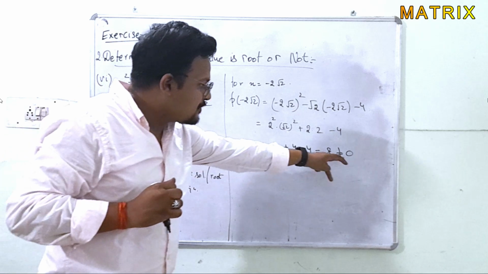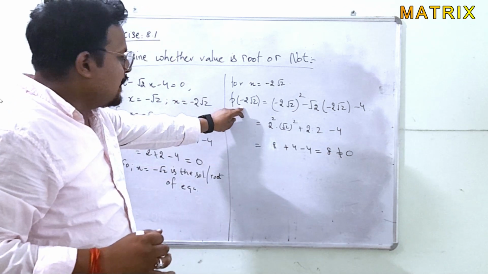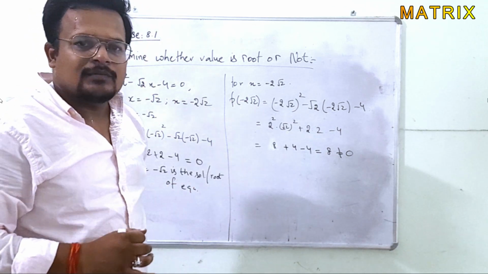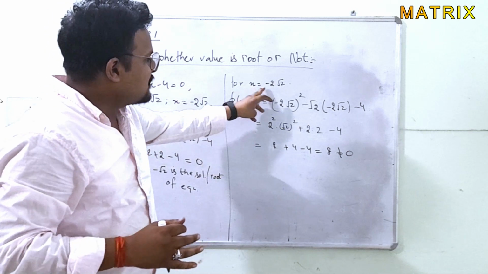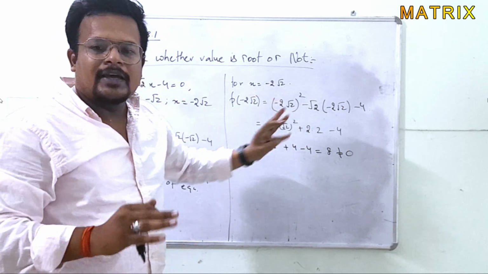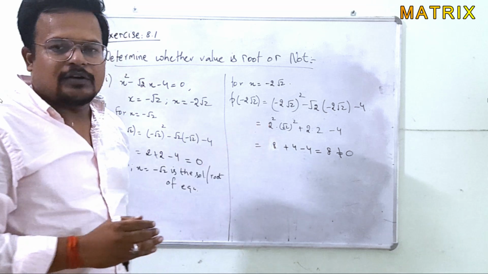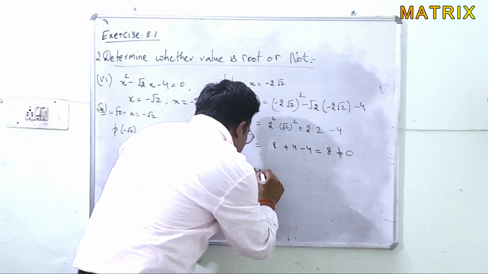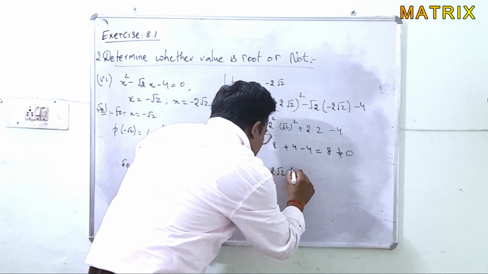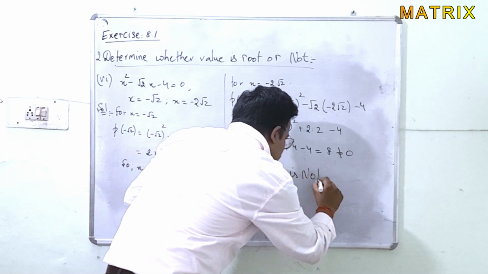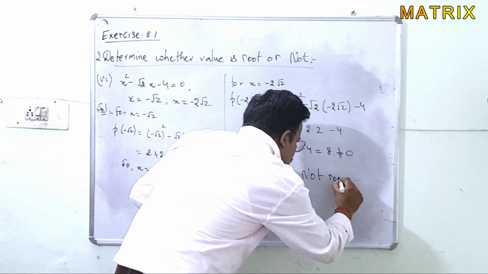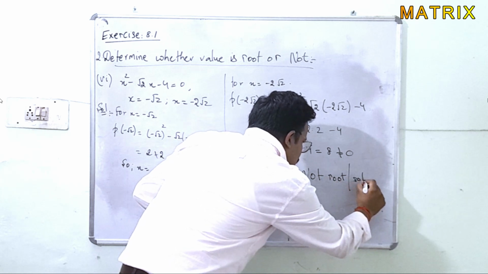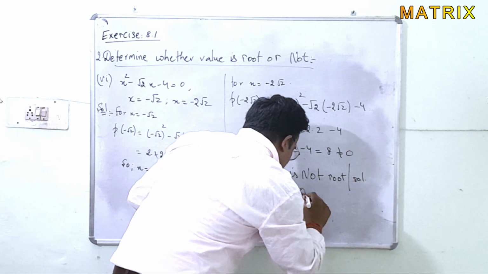So 8 is not equal to 0, hence we can say this is not making this equation 0, or you can also say that x is equal to minus 2 root 2 is not the solution of this quadratic equation. So x is equal to minus 2 root 2 is not the root or solution of the quadratic equation.